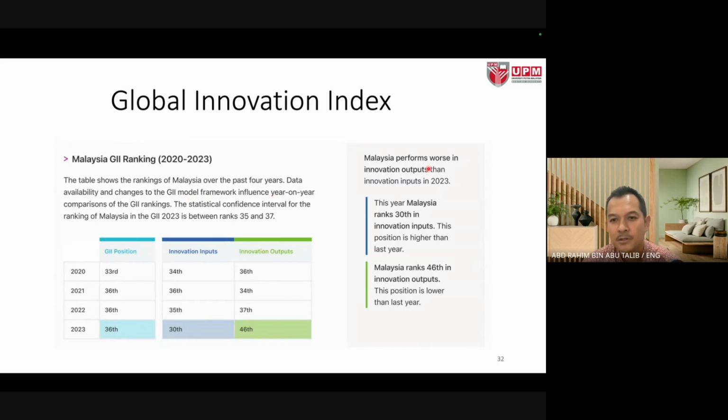Okay. So basically what happened in 2023, the innovation output performed worse compared to innovation inputs. Less innovation output was produced in year 2023 compared to the previous year.